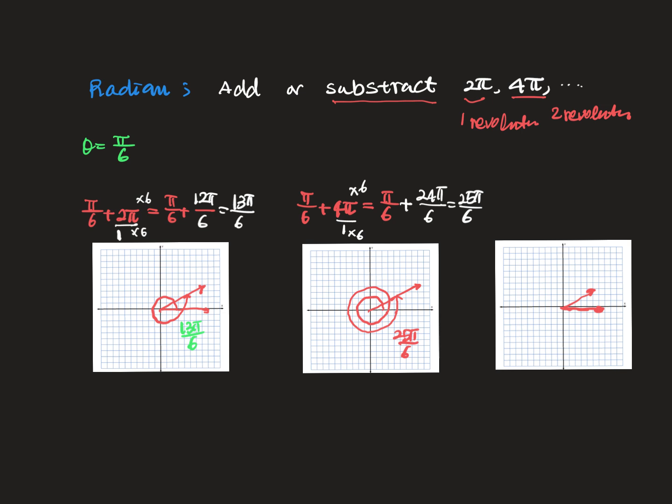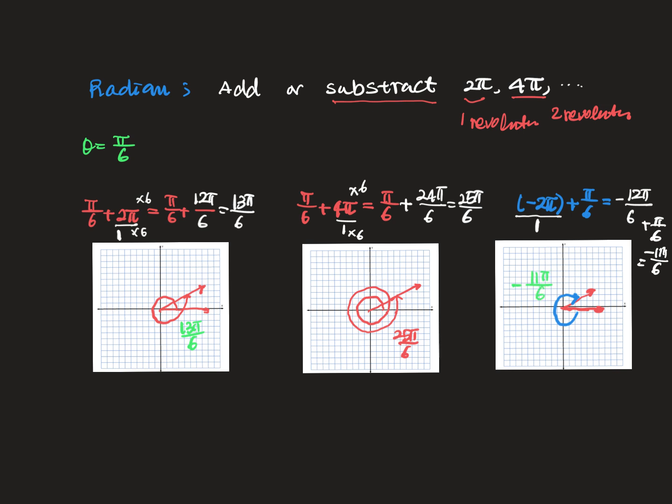How can we do that? Negative 2 pi, plus pi over 6. Same rule: negative 12 pi over 6 plus pi over 6 is negative 11 pi over 6.